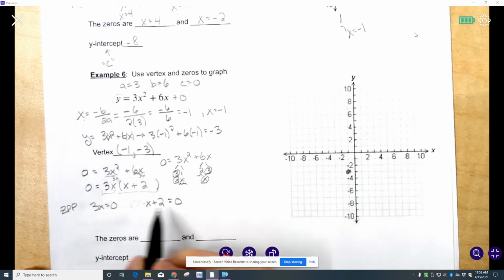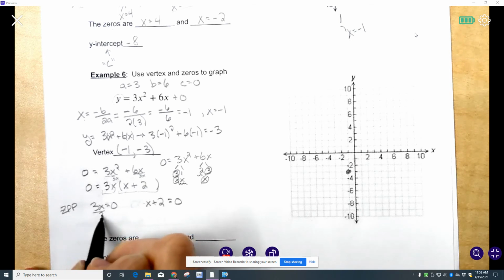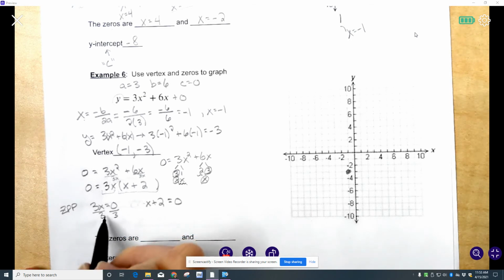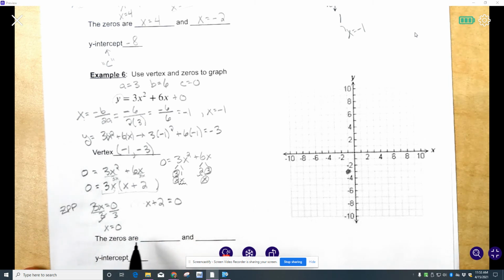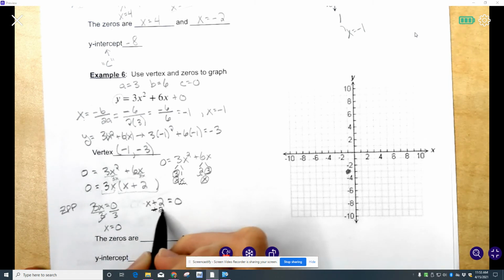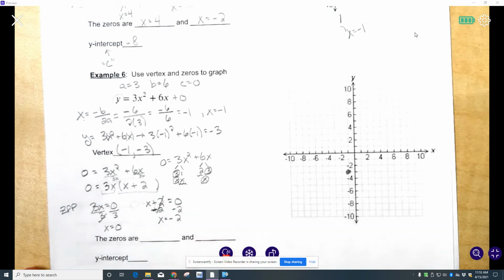So solve both of these equations. To get x alone here, I'm going to divide both sides by 3, and I'm going to get x equals 0. 0 divided by 3 is 0. Here I'm going to subtract 2 from both sides, so I get x equals negative 2. So the zeros are x equals 0 and x equals negative 2.